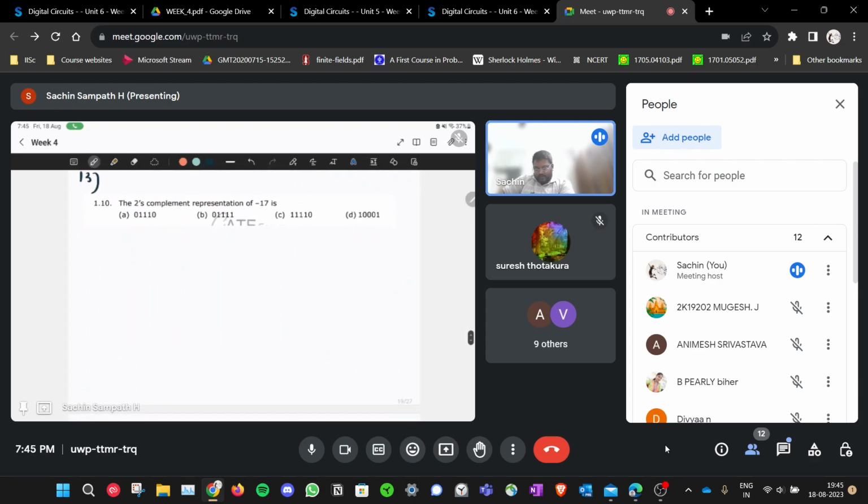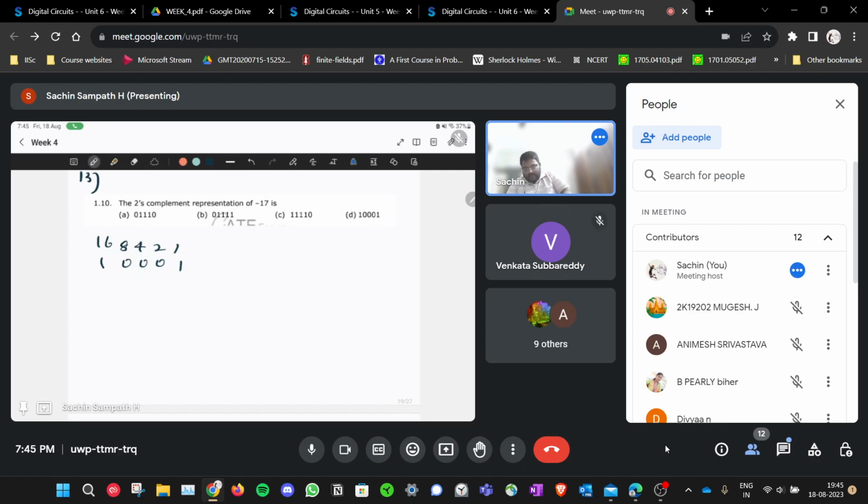Next question: 2's complement representation of minus 17. Is it D? 2's complement. So 8 4 2 1, 16, 17 is 1 0 0 0 1. That's plus 17, right?